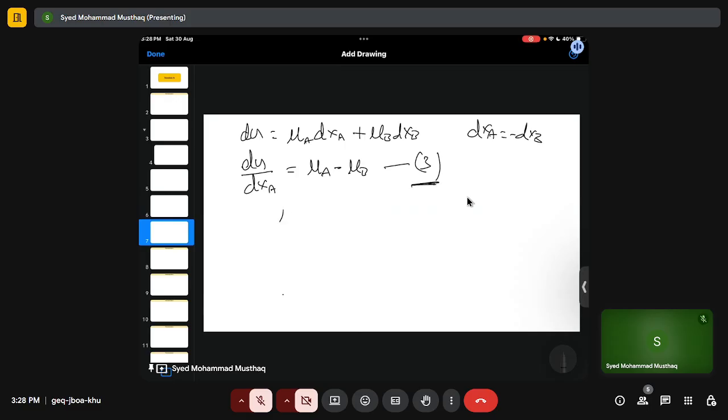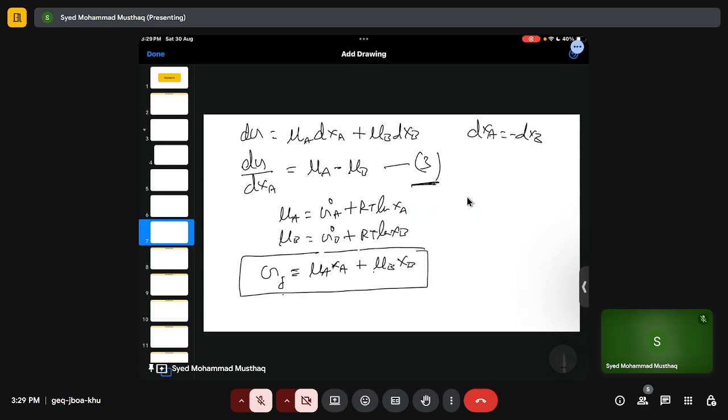It tells me that the chemical potential of A equals G naught A plus RT ln XA, and mu B equals G naught B plus RT ln XB. So if I want to write G, it will be equal to mu A XA plus mu B XB.